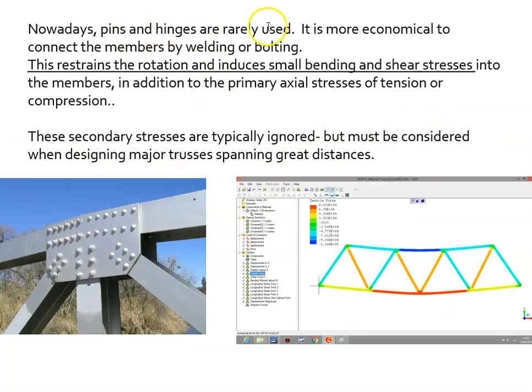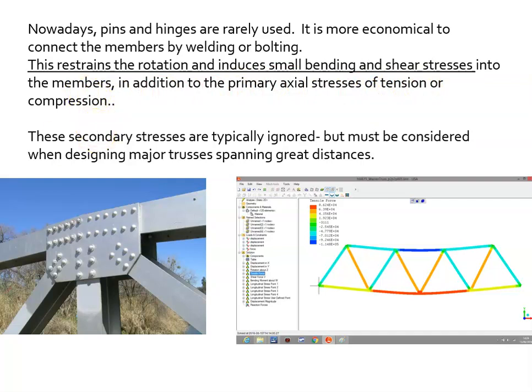Nowadays, pins and hinges are rarely used. It's much more economical to connect them by welding or bolting. All right, these are old gussets. This restrains the rotation and induces small bending or shear stresses into the members, in addition to the primary axial stresses of tension and compression. All right, so the primary forces again are the tension and compression.